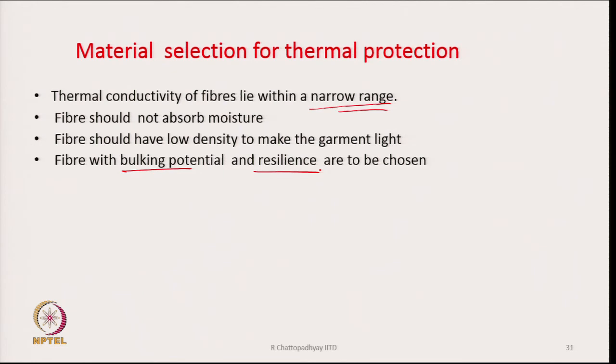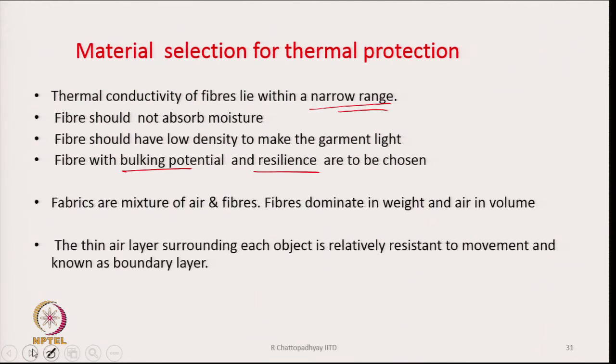It should be resilient, so that if I compress it and release it, the garment is able to retain its thickness, and there should be the possibility of bulking, because bulky material can hold a lot of air within it, and air is a source of insulation also. So, the bulking potential of the fiber is important, and resilience also is important.